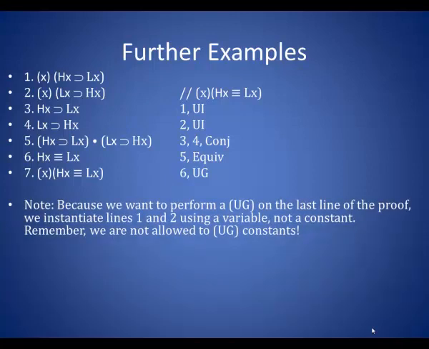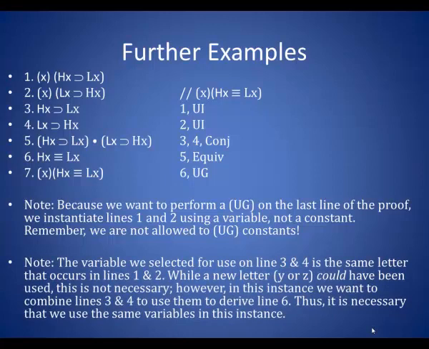Note, again, because we want to perform a UG on the last line of the proof, we instantiate lines 1 and 2 using a variable, not a constant. Remember, we are not allowed to UG constants. We are not allowed to universally generalize constants. You must remember that. Hence the reason on lines 3 and 4 when I UI'd, I used variables and not constants. In addition, the variable we selected for use on lines 3 and 4 is the same letter that occurs in lines 1 and 2.